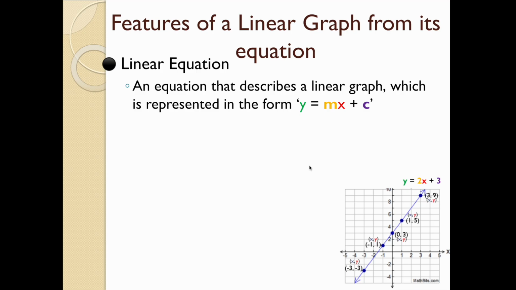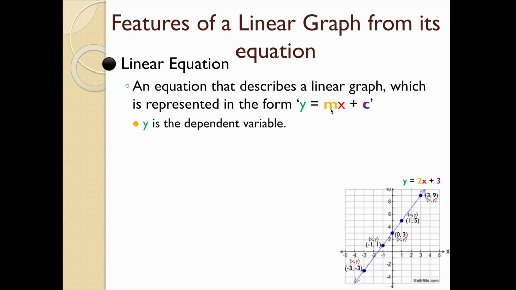So I just brought back our good friend here from that previous question, where we have the equation in the form y is equal to mx plus c. Okay, so if you look at this, you can see by comparison that m represents the value next to the x here, and also here 2 represents the value next to the x, which is the gradient. So we'll see that in a bit, right?